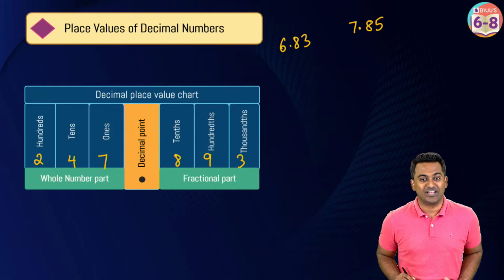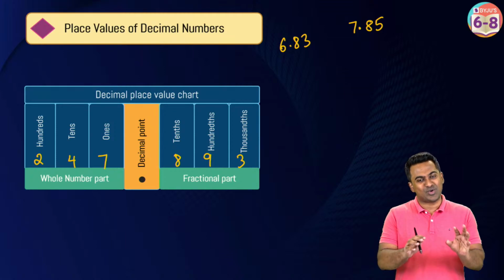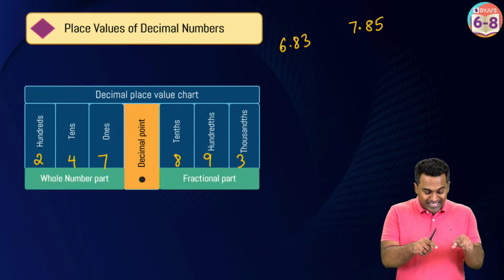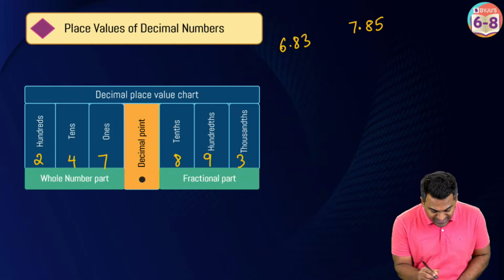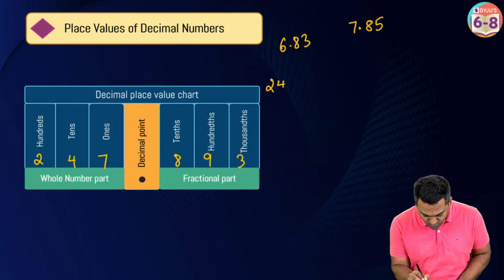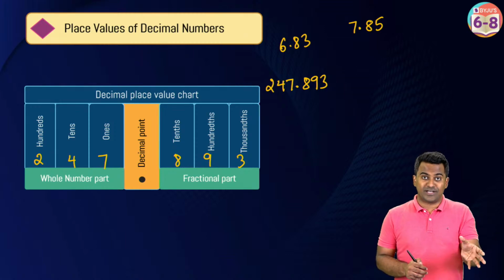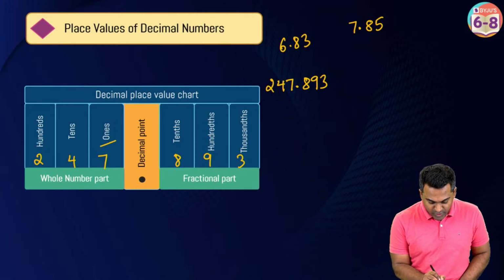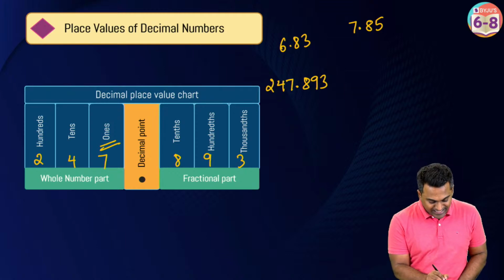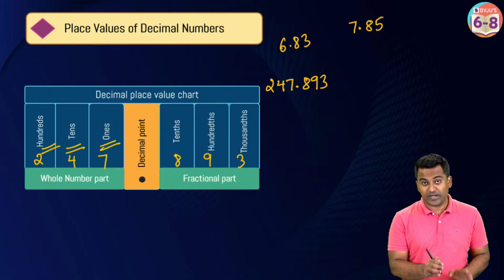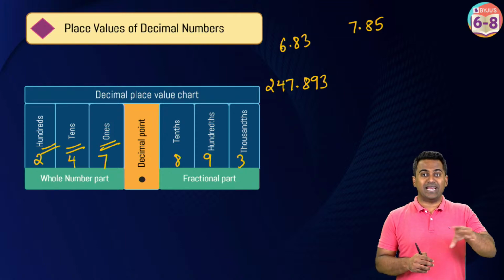Yes, you guys are giving valid examples of decimals, so you are familiar with what decimals are. And this is going to be the place value for the example that we're taking, 247.893. The digit to the left of the decimal point is the units digit or the ones digit, and then the tens, and then hundreds, thousand, 10,000, lakh, 10 lakh.